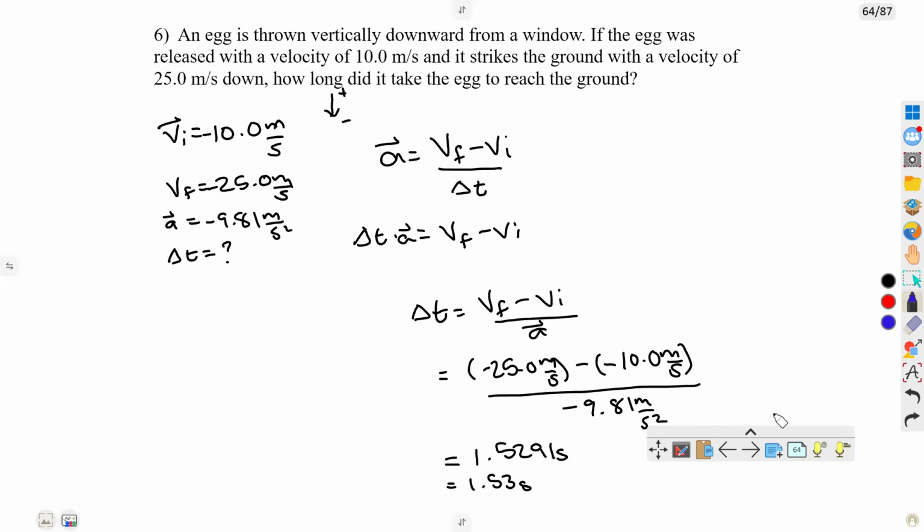I'll show you the work done on this one, but I want you to work through it and then give it a quick check as you're doing your homework, to make sure you have done it correctly.